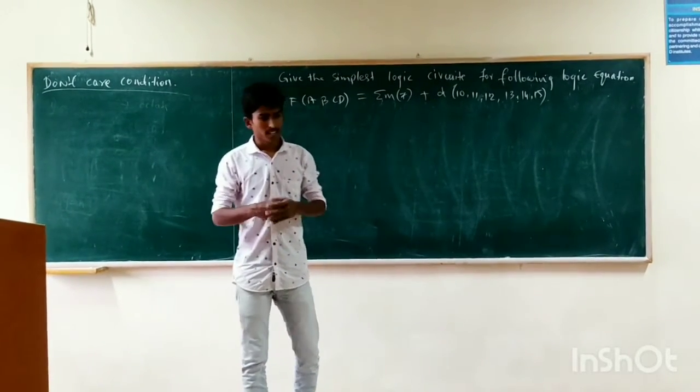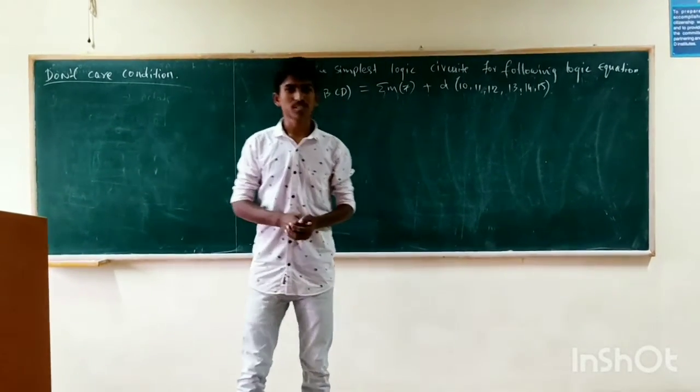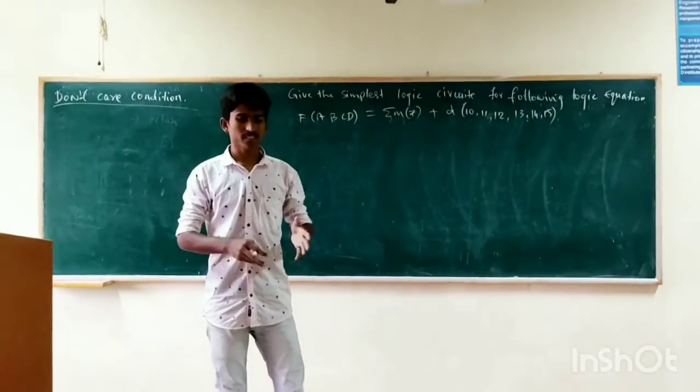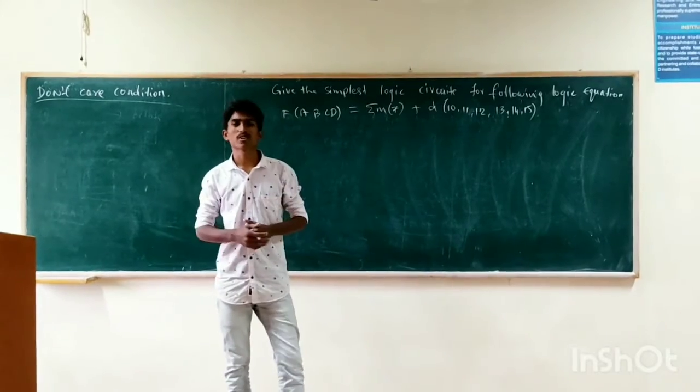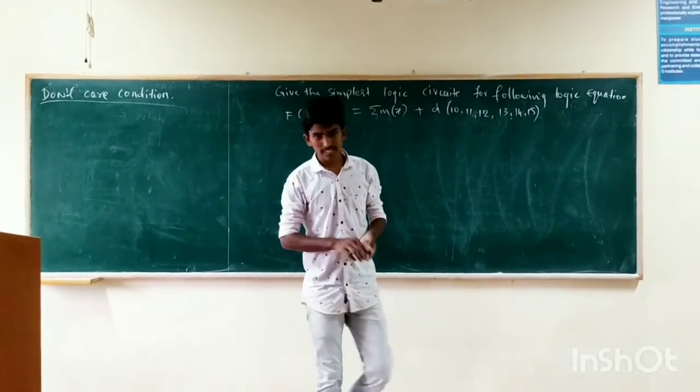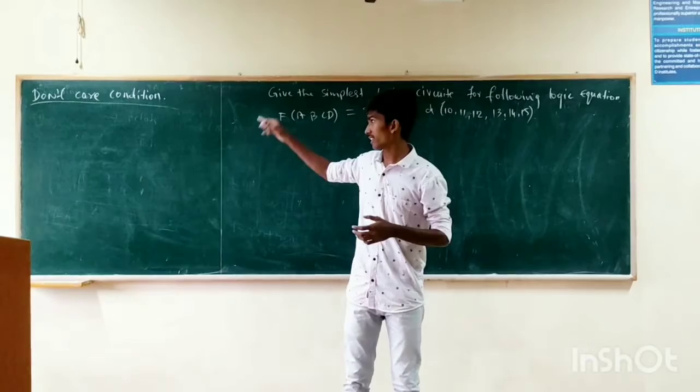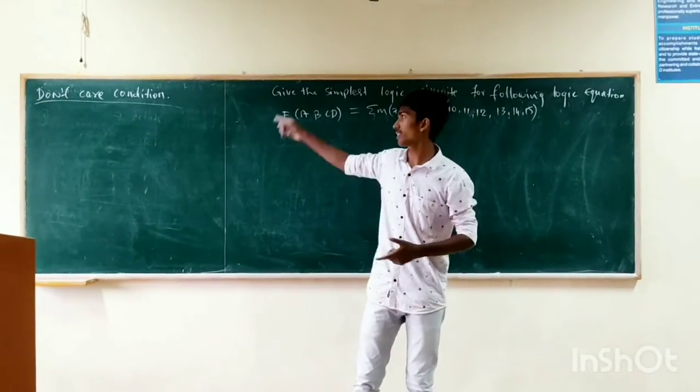Nowadays, in some digital circuits, the input conditions are not always possible, so we are taking a don't care condition as X. We are representing that as an X in the output.